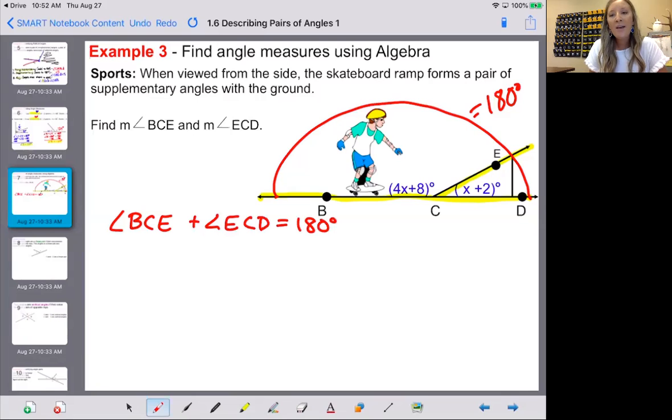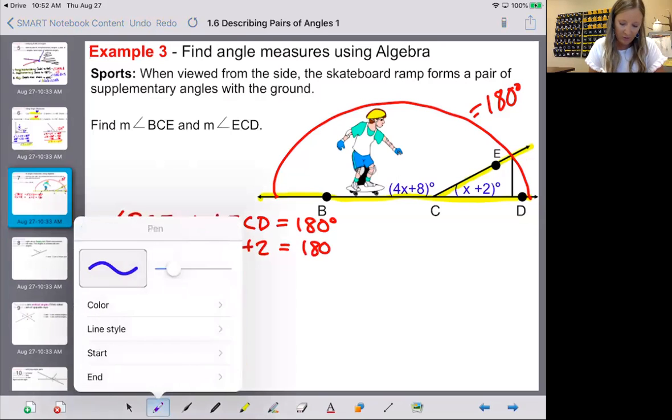Okay, but then they go and tell us that angle BCE, so this one over here, is 4x plus 8. And so, of course, we're going to fill that in. And then, likewise, for angle ECD, we are given x plus 2. So all we're doing is taking the information that they gave us in the picture and writing it as a statement.